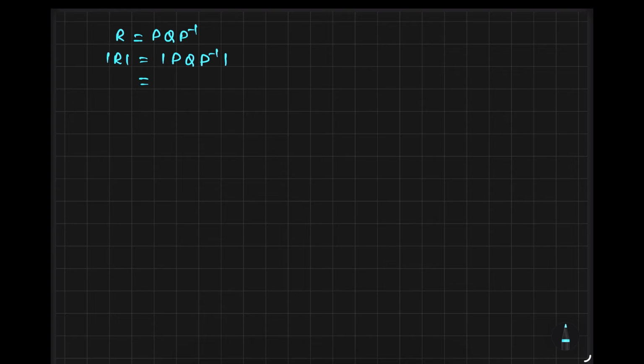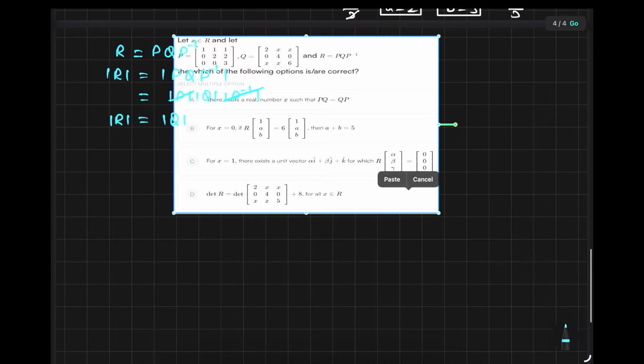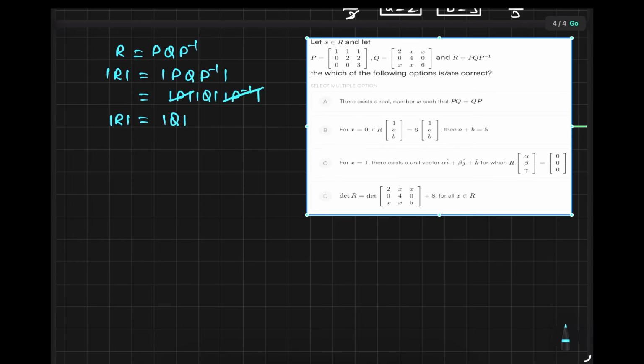Now you know that if it is in product you can distribute. So determinant P, determinant Q, determinant P inverse. You know that determinant P inverse is the determinant of 1 by P. So this thing gone. So can I say that determinant R is equal to determinant of Q? Okay, so we will find out the determinant of Q and we are done.